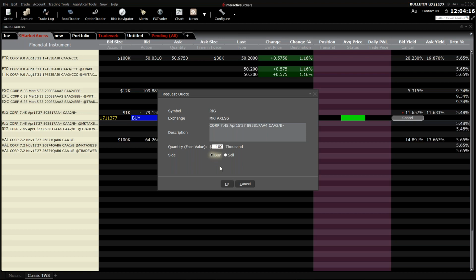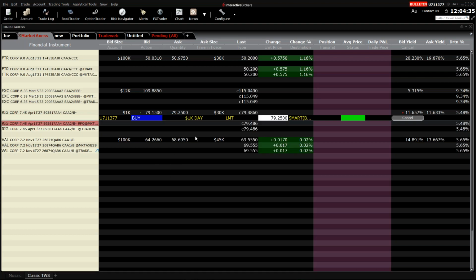We want to buy, and we're going to submit an RFQ. Now you'll notice that this line will turn red once I hit OK, and that means that the RFQ is active. Within a minute or so we should see an offer come in. I would expect to see the offer here.